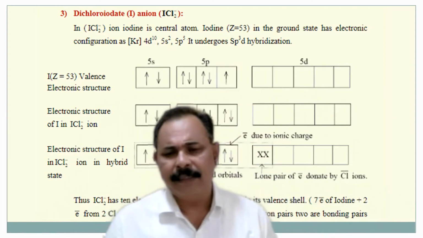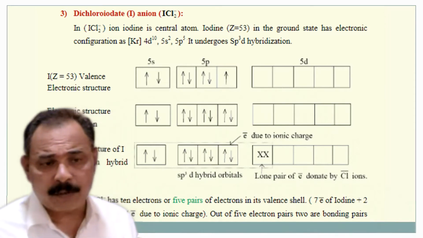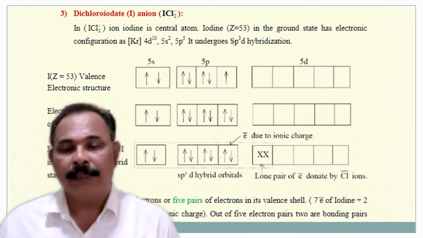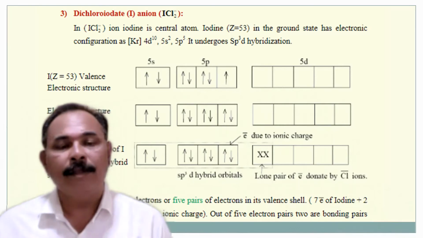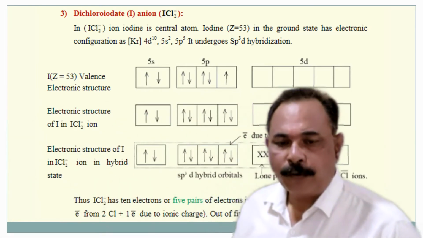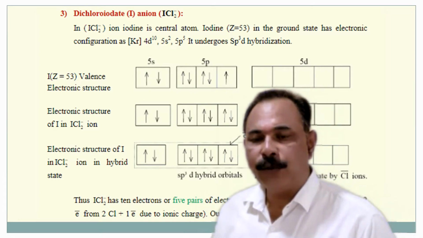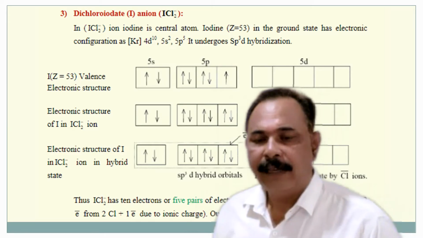Thus ICl2 minus has 10 electrons, or we can say 5 pairs of electrons in its valence shell: 7 electrons of iodine plus 2 electrons from 2 Cl, and 1 electron due to the ionic charge.